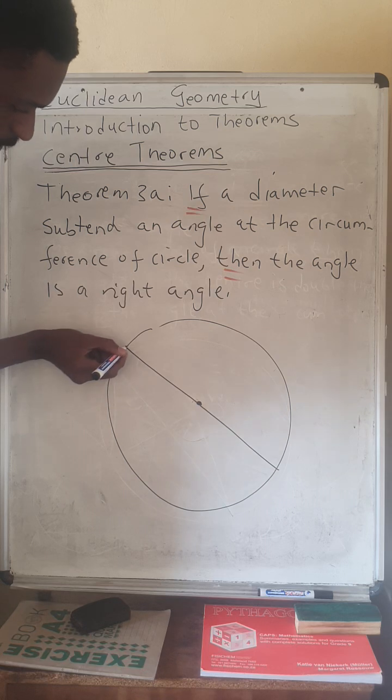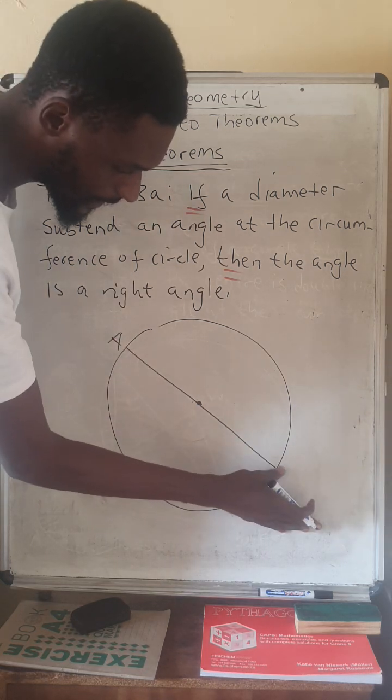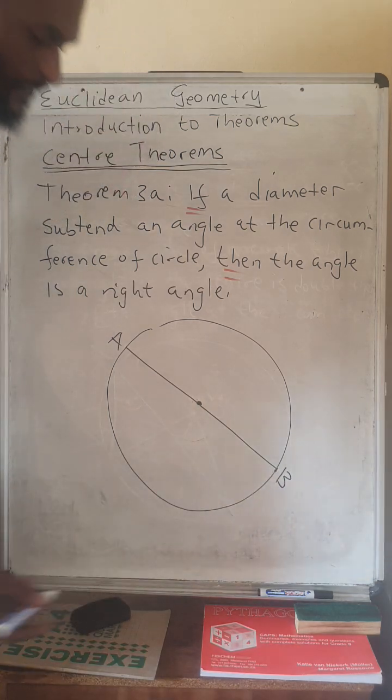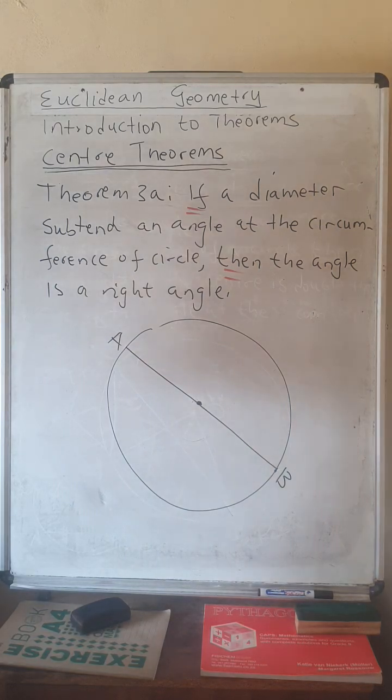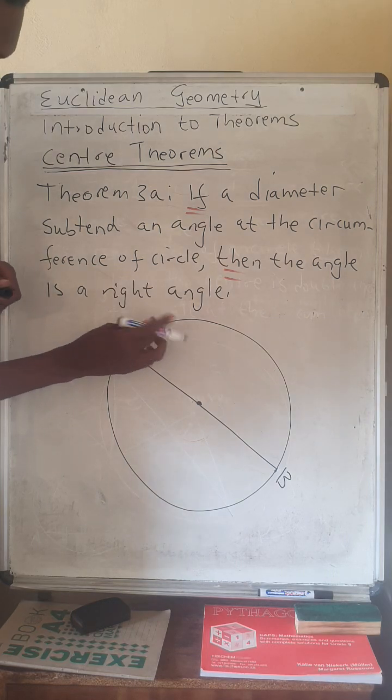So it means a diameter can also subtend an angle. If a chord subtends an angle and the diameter is a chord, then a diameter can also subtend an angle. There's nothing that a chord can do that a diameter cannot do. But there are so many things that a diameter can do that not all chords can do.